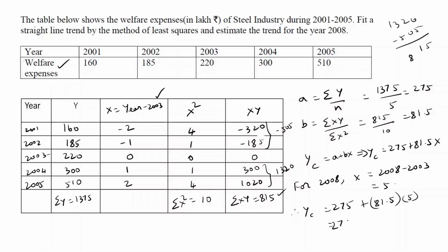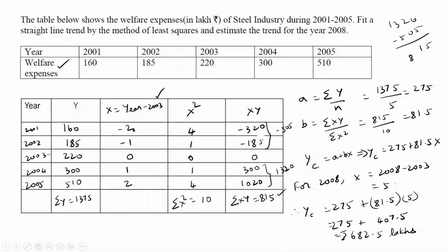So this is 275 plus 407.5. So when we add these two, we get 682.5 rupees lakhs. So this is the estimated value for welfare expenses for the year 2008. This is what we have to find.